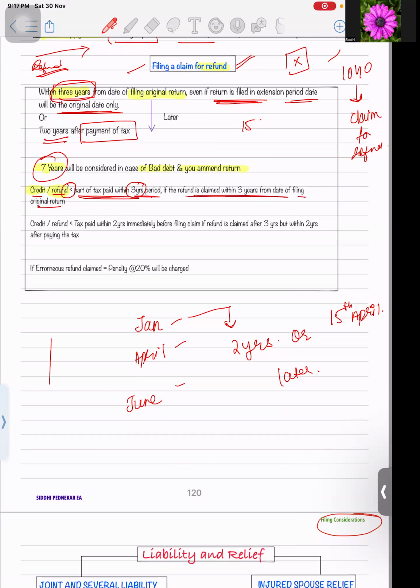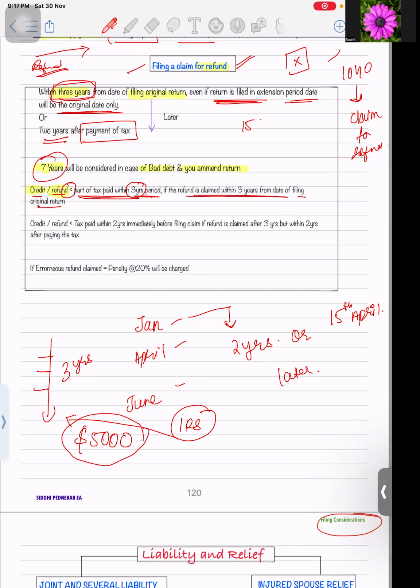You have 3 years to file the claim for refund. Now, within this 3 years, let's say you're asking the IRS for a refund of $5,000. Then whatever taxes you have paid within these 3 years should be at least more than $5,000.